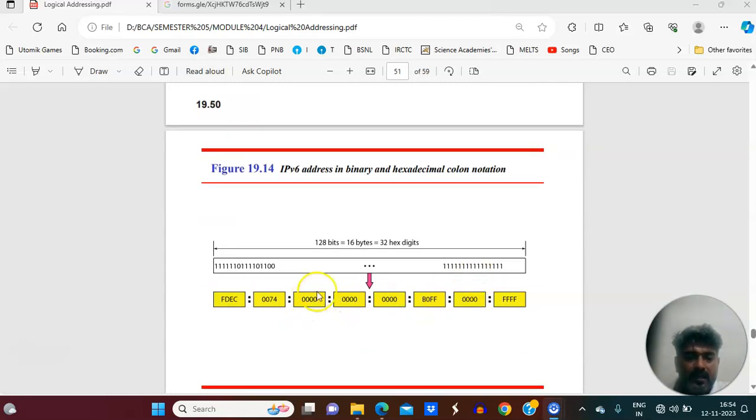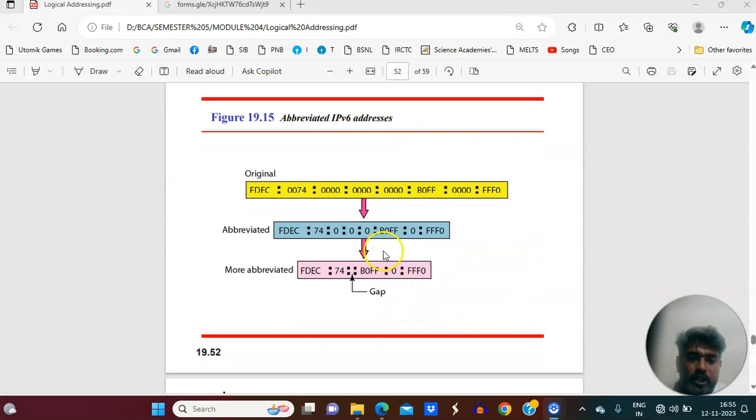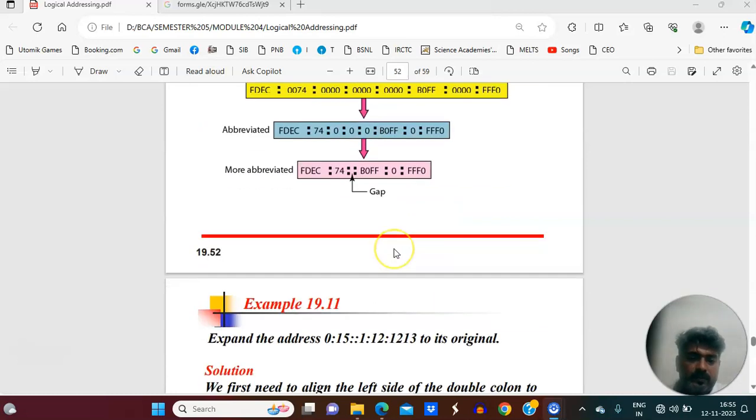As you can see, the 128 bits can be represented using hexadecimal colon notation. The hexadecimal colon notation can be abbreviated by skipping leading zeros in each block, or it can be abbreviated further by entirely skipping the contiguous sequence of zeros.